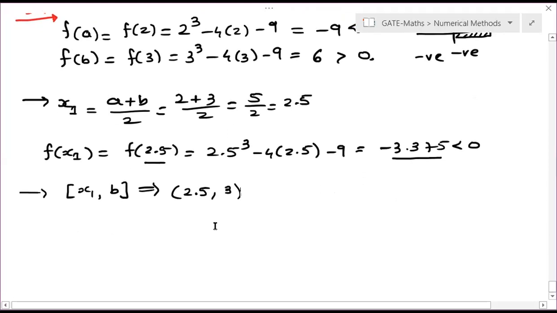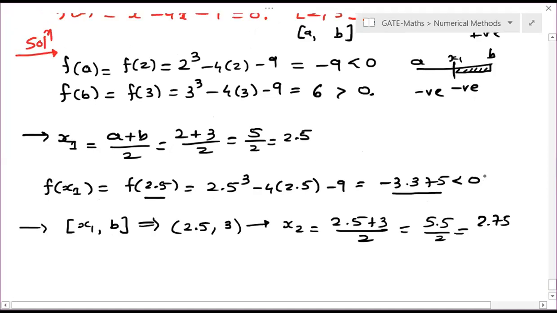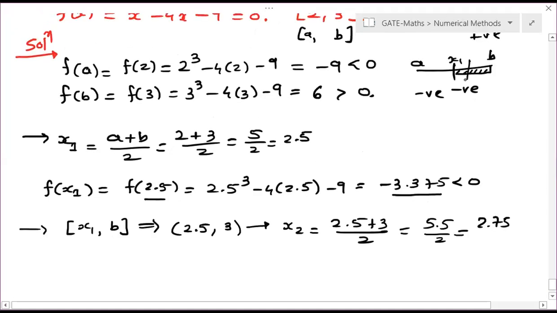Now let us find x2, because in the question they are asking x2 and x3. So our x2 will be (2.5 plus 3) divided by 2. I just have to bisect this. 3 plus 2.5 is 5.5, by 2 is 2.75. So this is our new bisected point x2, 2.75.